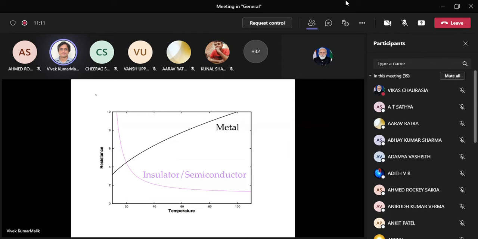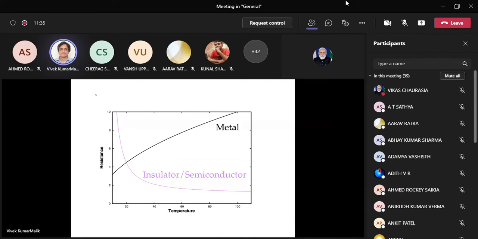At a finite temperature, these ions vibrate from their equilibrium positions, and there is a scattering of these free electrons from these background ions. This scattering increases as the vibrations increase with temperature. So resistance increases as you increase the temperature.